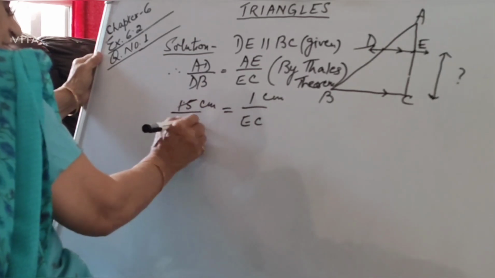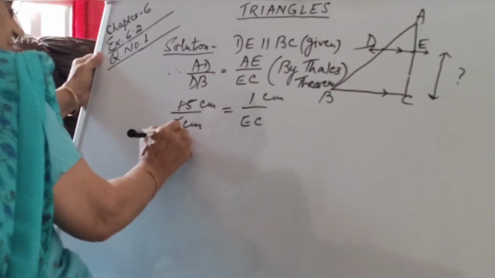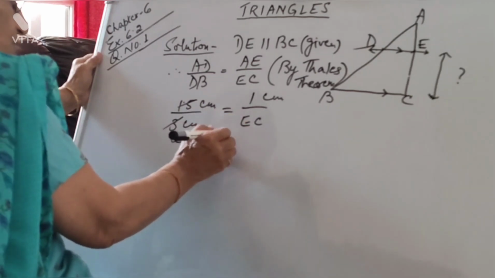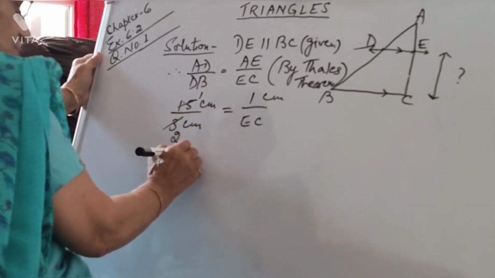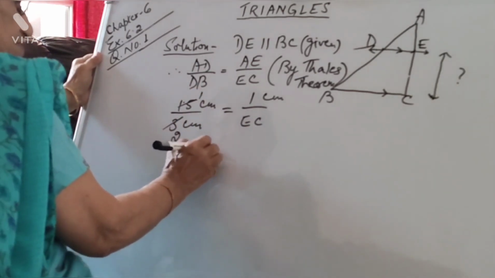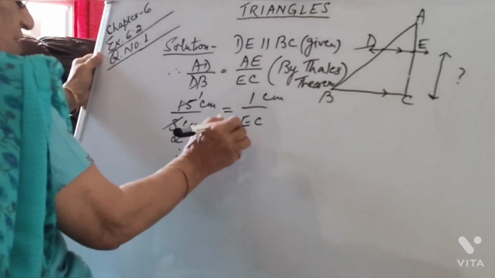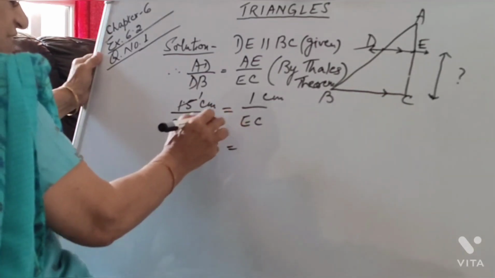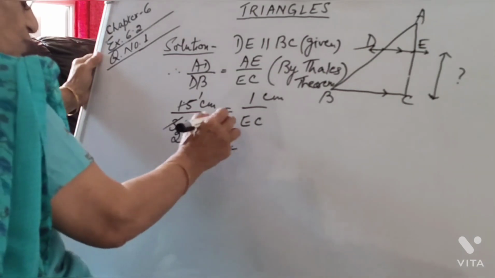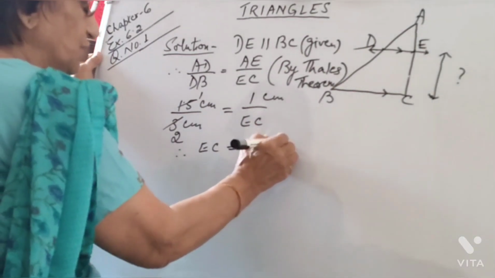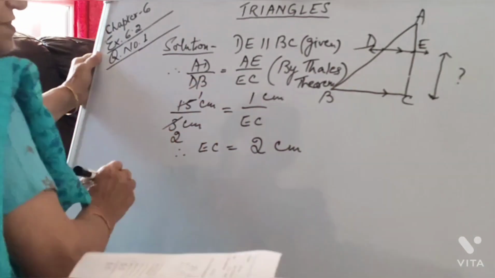Now, on cancelling, you will cancel this by 2. So, therefore, EC, on cross multiplying, EC by 1, you will get EC, and 1 by 2, you will get 2. EC is equal to 2 centimeter.